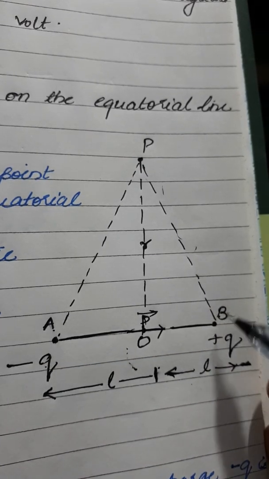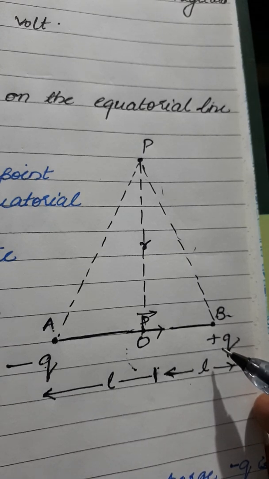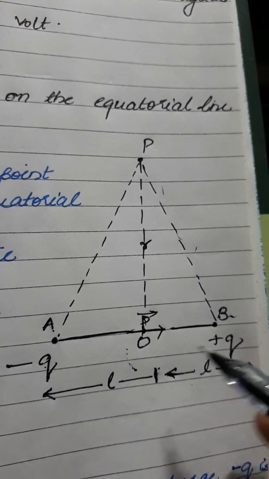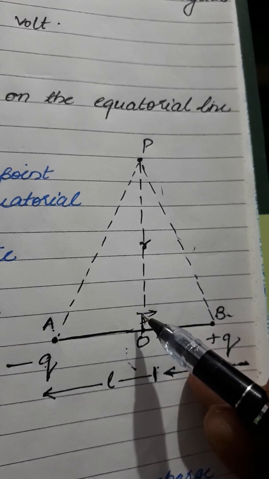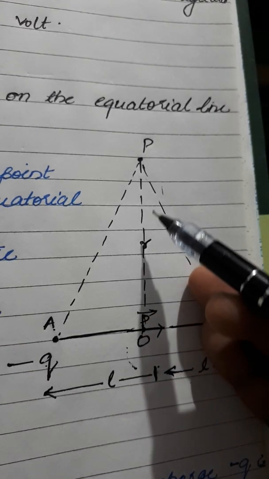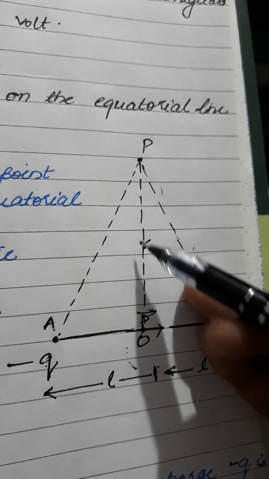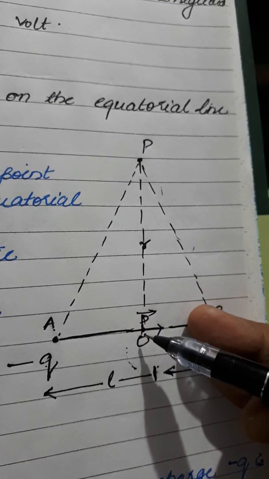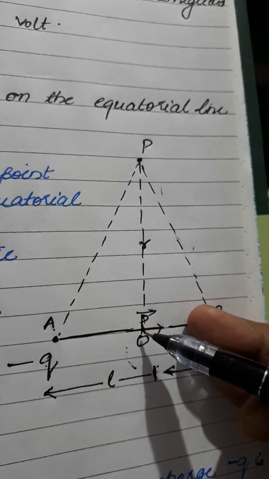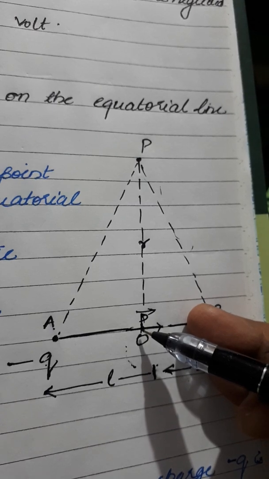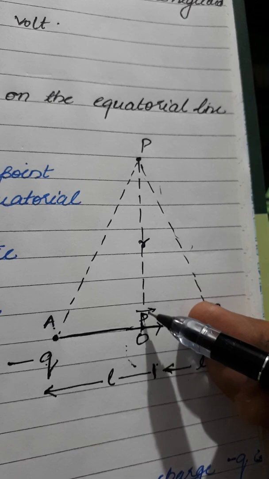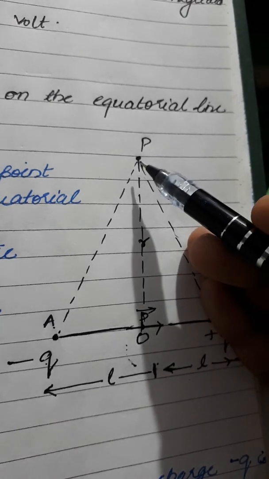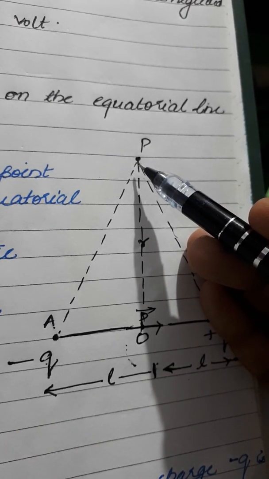At point B, we have positioned a positive charge. And at the midpoint O, there is a line joining the point P. If we put P and the origin O together by a dashed line, that line will be called the equatorial line. So this point P is lying on the equatorial line.